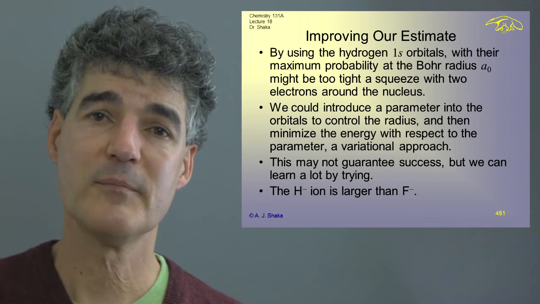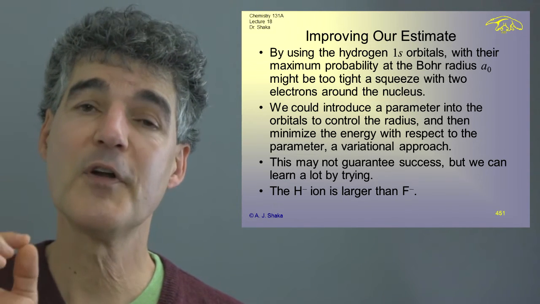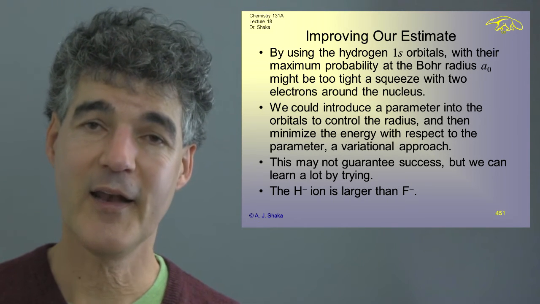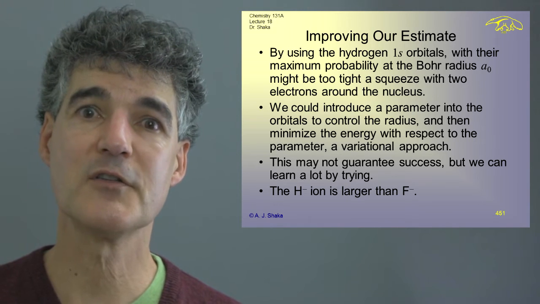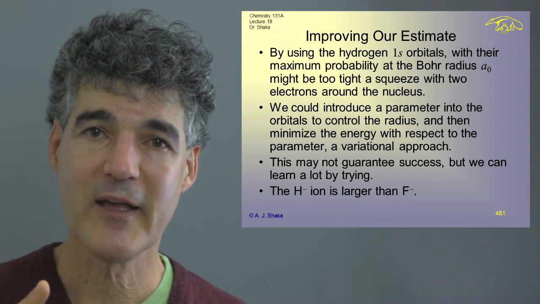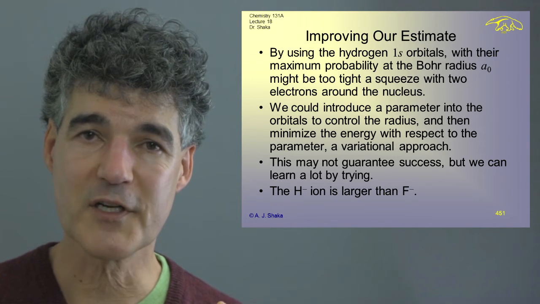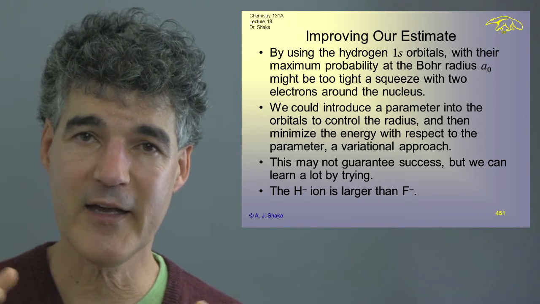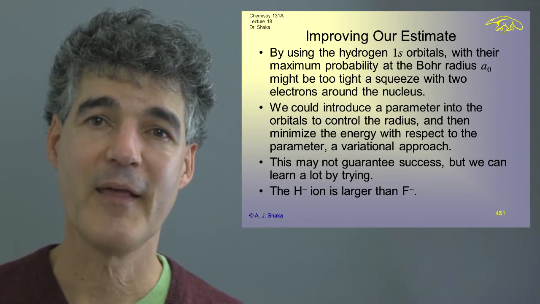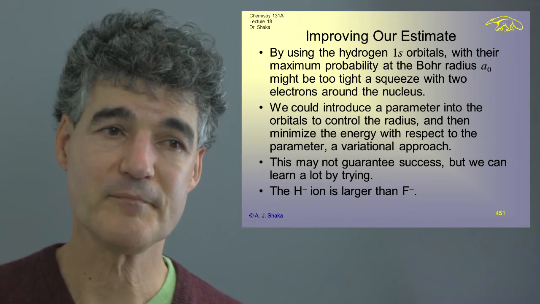Now let's put something else in there. So let's put in e to the minus zeta r1. And now zeta is something we can control. It's a dial. We can dial it in and out, and we can compute the energy of the hydride anion as a function of this parameter, zeta, and then we can find the optimum.